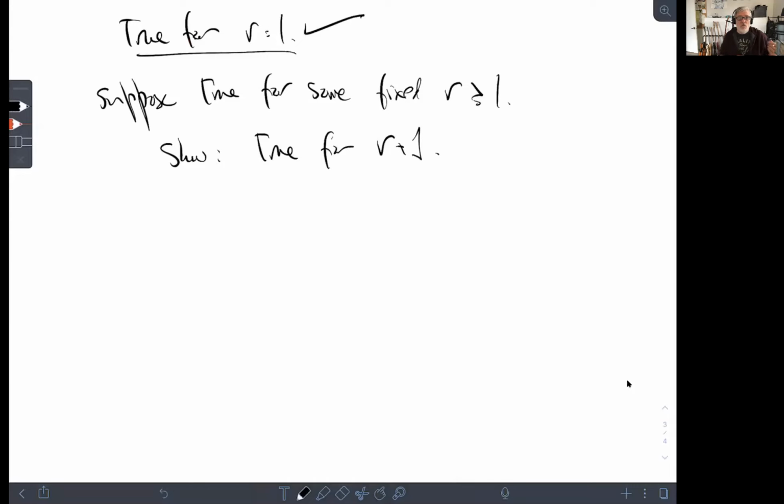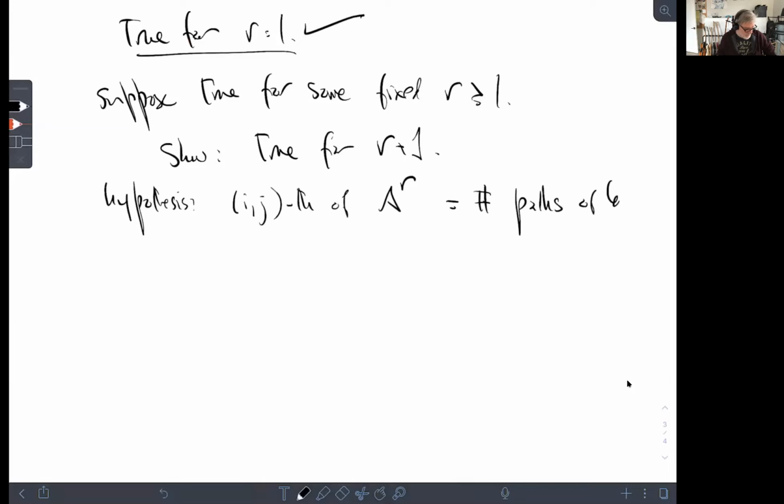Okay, so what does that mean? Our hypothesis is that the entry ij of A to the r is the number of paths of length r from vi to vj. This is what I assume to be true.